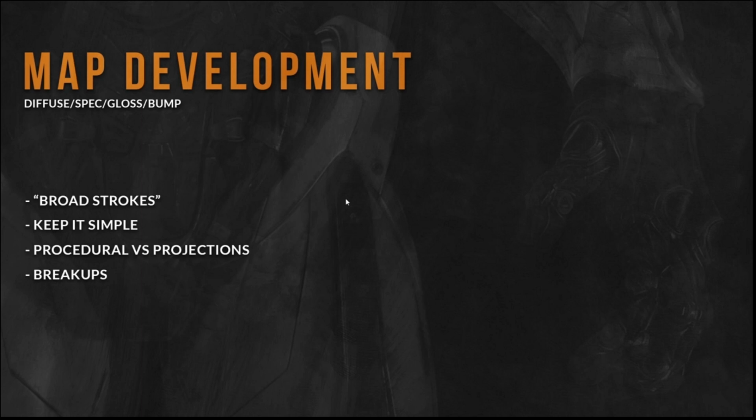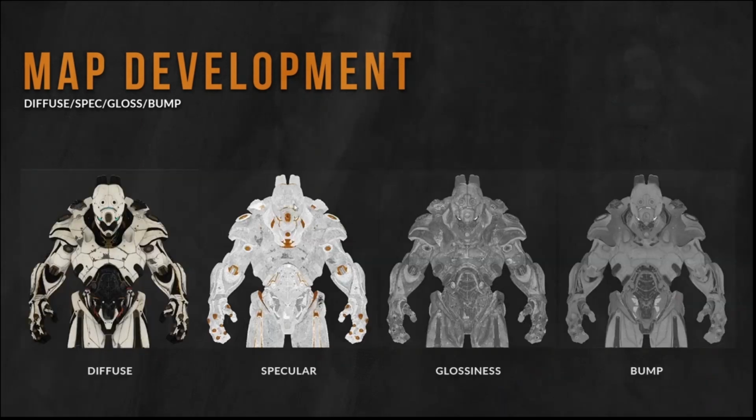I thought about color breakup and adding breakup to every single map so it doesn't look flat, and adding some extra projections, like some extra scratches and things like that. So this is how they look in the end: diffuse, spec, glossiness, and bump.